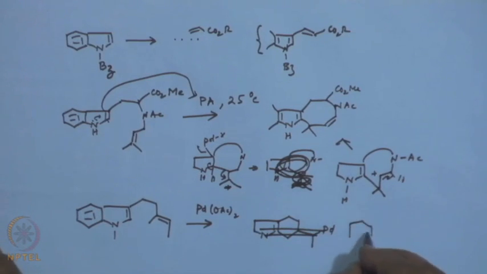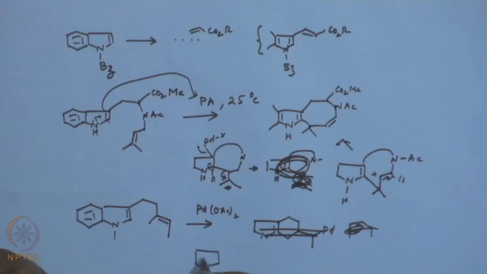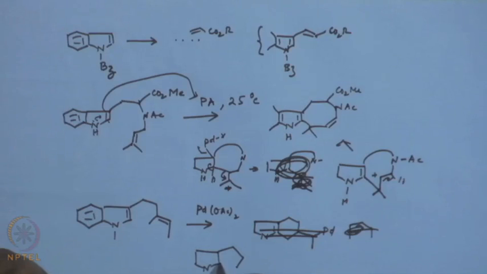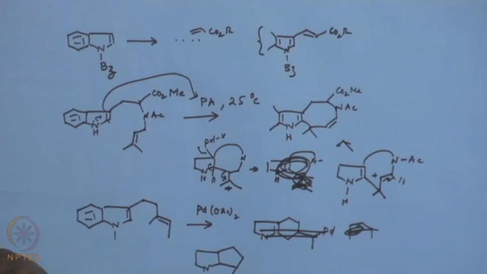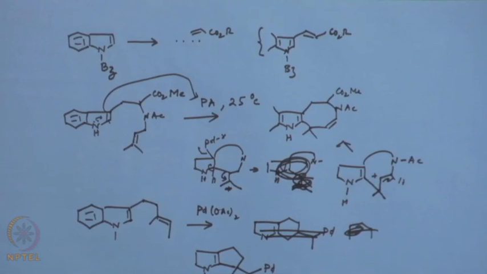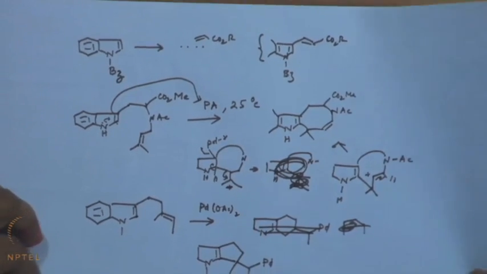It should be 5 membered, then again 1, 2, 3, 4, 5. So, it is a 5, and one can expect a palladium up here, and this methyl.